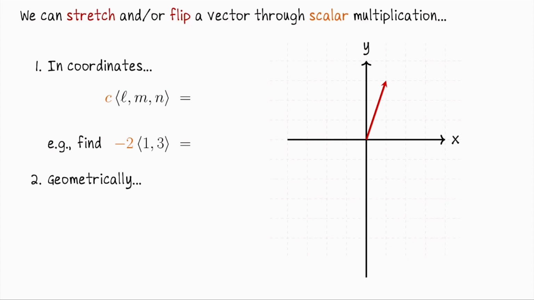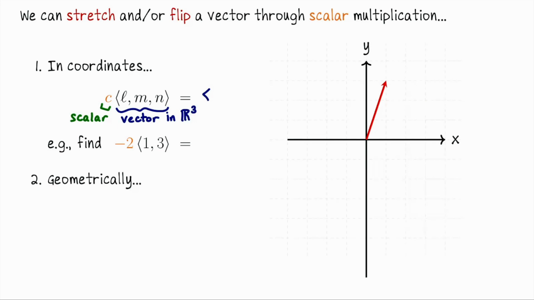Okay, so the first action that we're going to look at is stretching and flipping a vector through scalar multiplication. So that means multiplication by a real number. So algebraically in coordinates, if I have the vector L, M, N, here this is a vector in R3, just for a little variety, if I take that vector and I scale it by a number c, so here c is just a scalar number, then how we compute that is we distribute c to each of the coordinates.